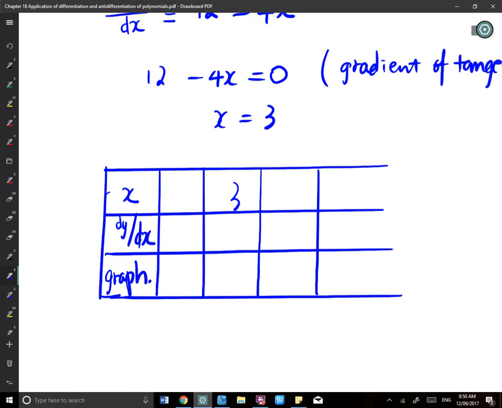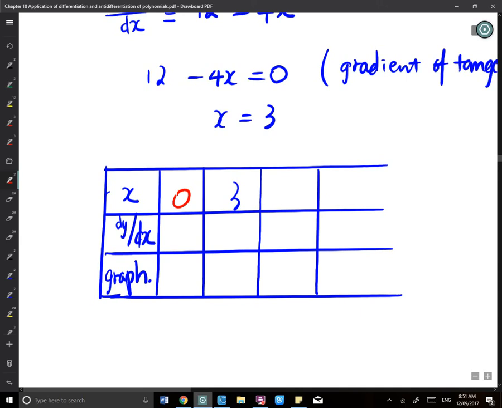So what I'll do next is select a point on the left-hand side of 3. I'll select an easy one because I need to substitute the point in. I'll select 0.